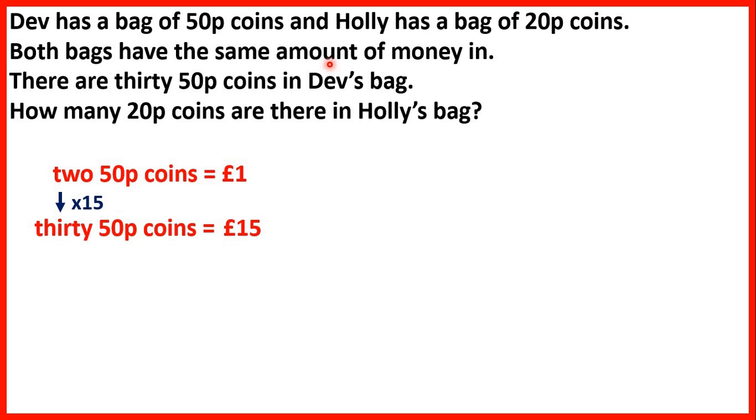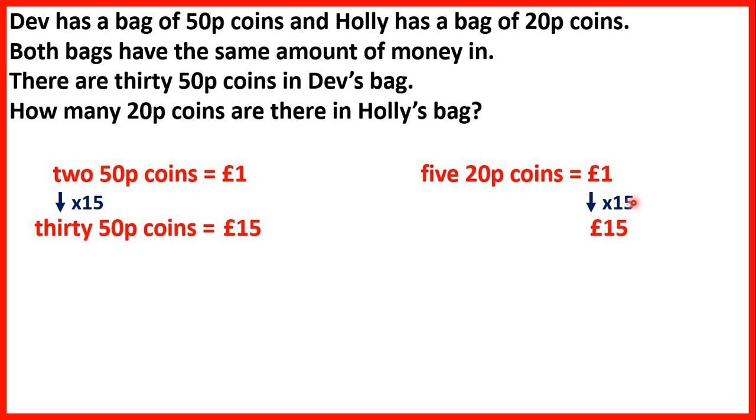So we know that both the bags contain £15. Now Holly has 20p coins in her bag, and if we have 5 20p coins, that's £1, because 5 times 20 is 100, and 100p is £1. But we know that she has the same amount of money as Dev, so she has £15.